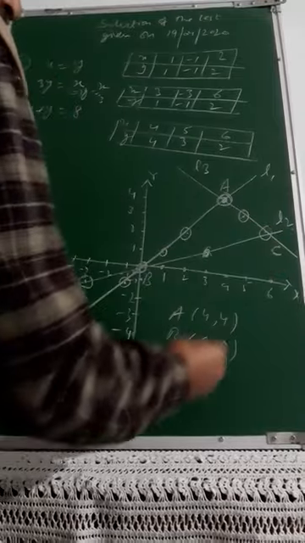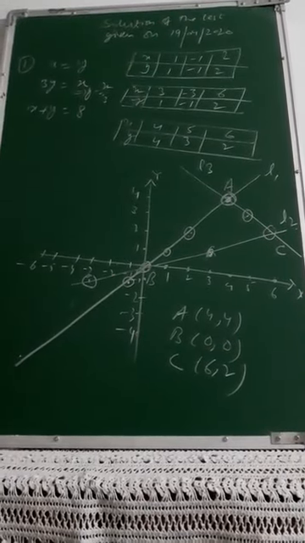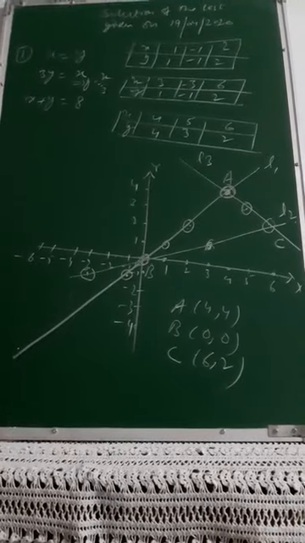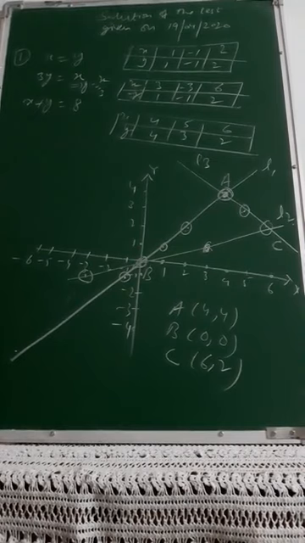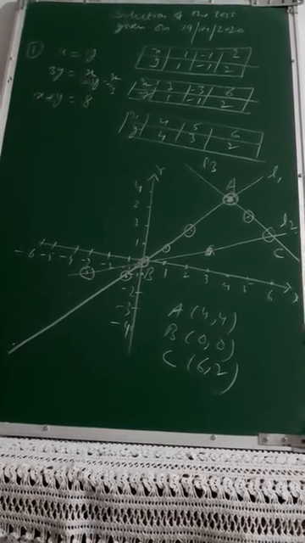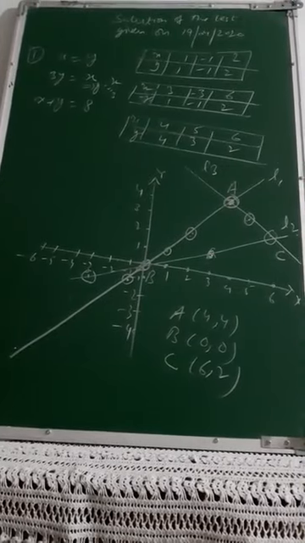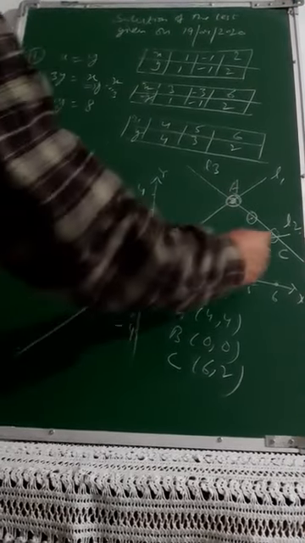So this is the C vertex I have marked, 6 and 2. So these are the three vertices. You can see very clearly. I did it roughly, but still I am getting the answer up to the mark. The three vertices formed by these three lines. A triangle is there, ABC I have marked. This is A, this is B and this is C.